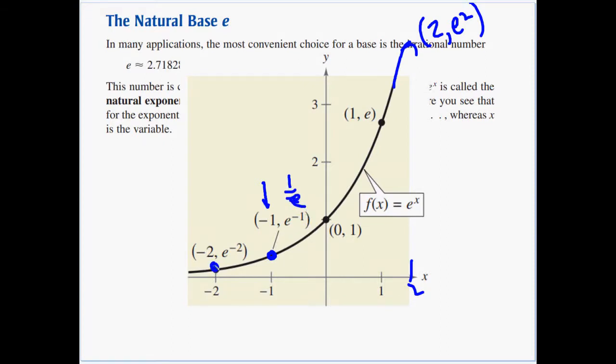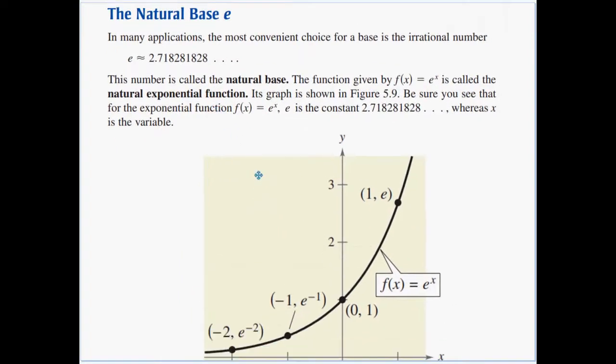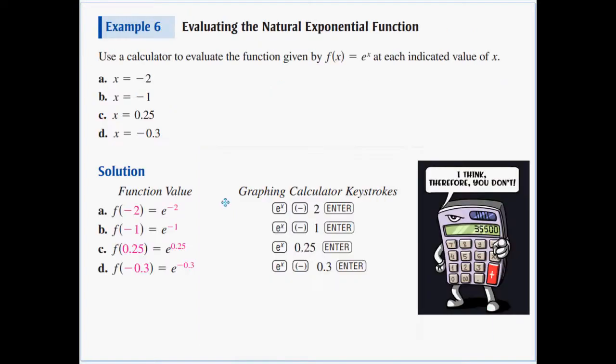Keep going to the left, we have negative 2 comma e to the negative second, or 1 over e squared. So it looks a lot like any other exponential, except the y values are different. They're irrational. But again, this natural base and the natural exponential function has some fantastic properties.